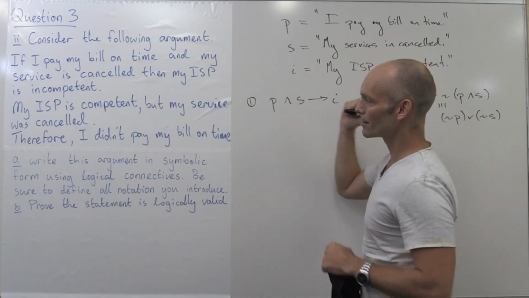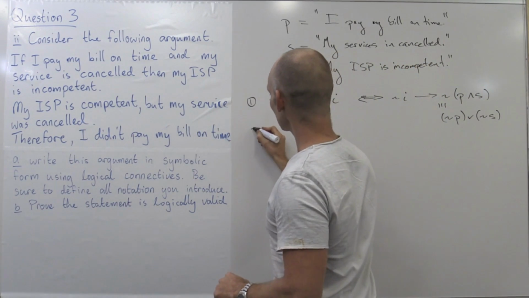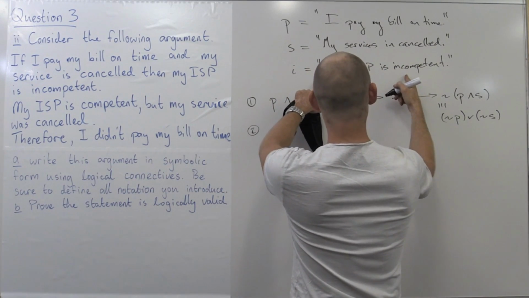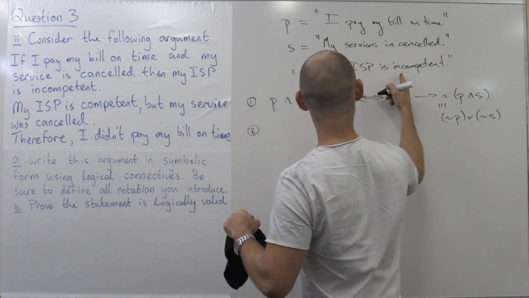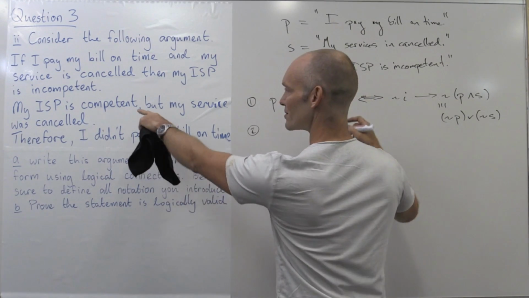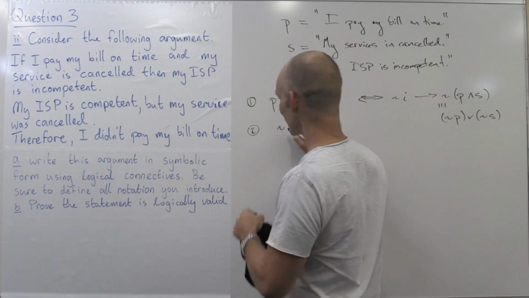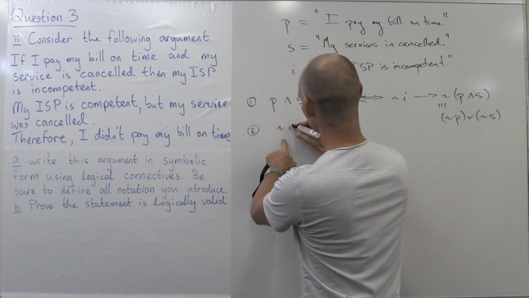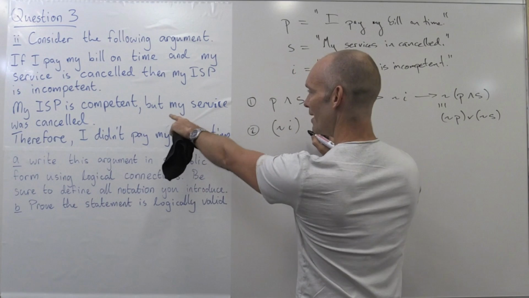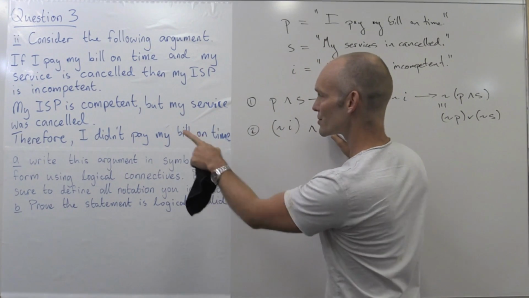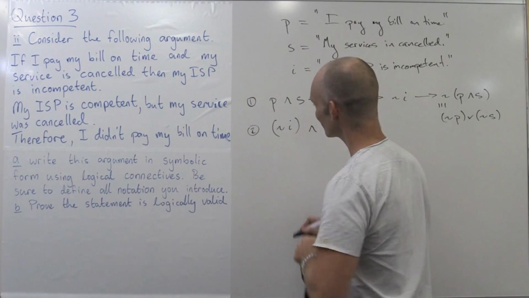Cool. My ISP is competent. Okay, that's nice. So that's the negative of the statement which says my ISP is incompetent, so this is competent. Got to keep track of what's what. So this is not I, not incompetent. And that's the but there. And my service was cancelled. Oh, that's annoying.